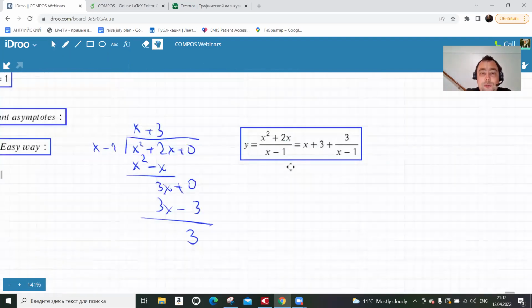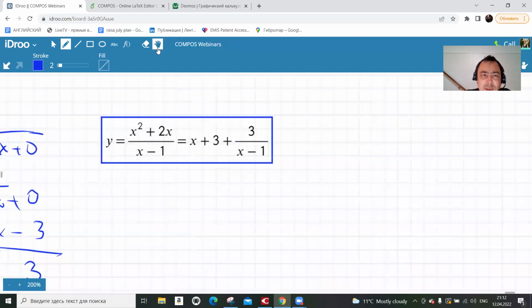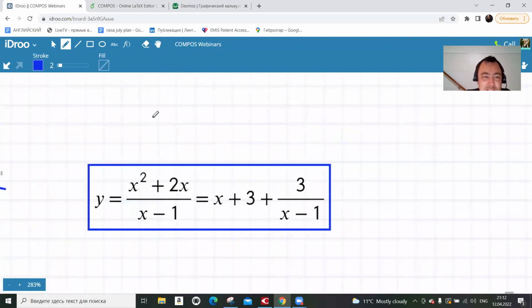So what we did, we just simplified the expression. Because it was a top-heavy fraction, we have made it into a mixed number. You thought mixed numbers won't ever be useful in maths, and they're not.